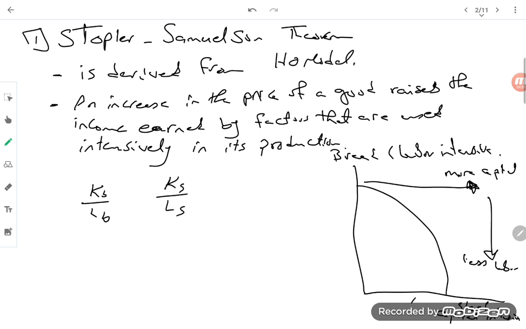So we can find that the ratio is greater with respect to steel than bread, which means that bread is labor intensive industry.